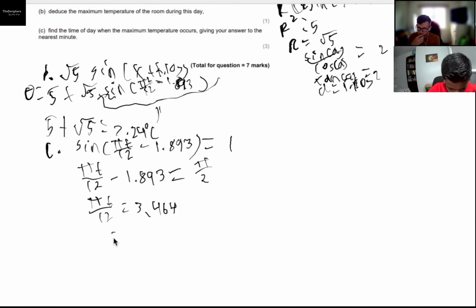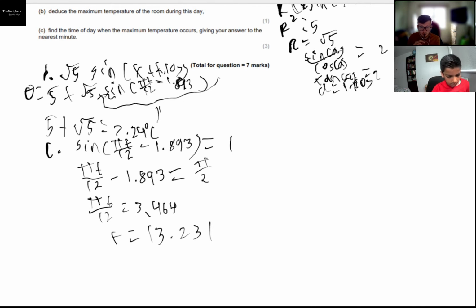So t is times by 12 divided by pi, and you get 13.241.